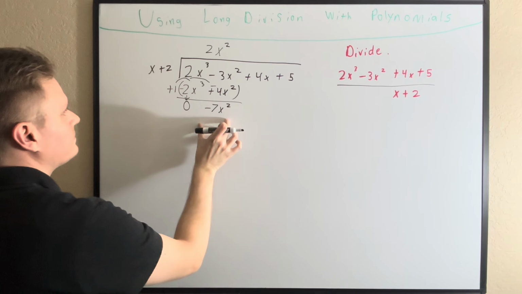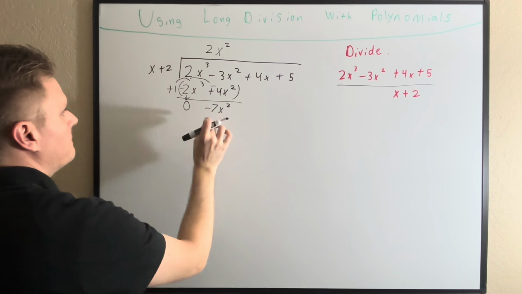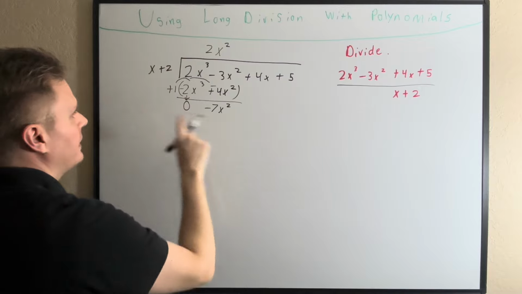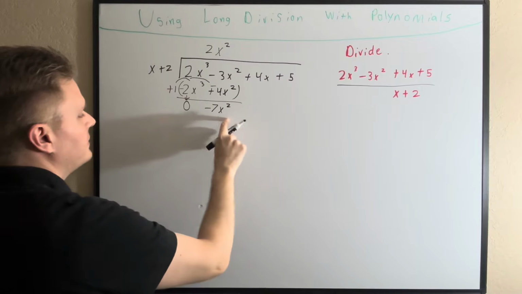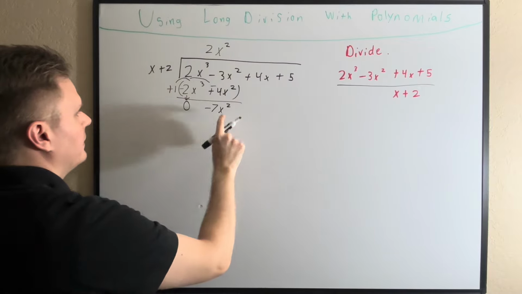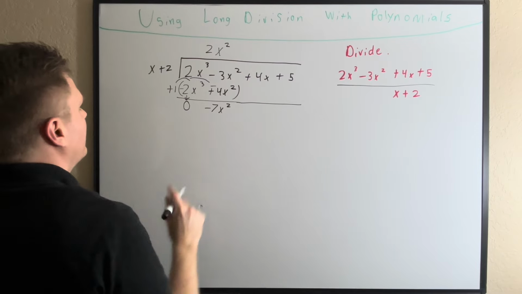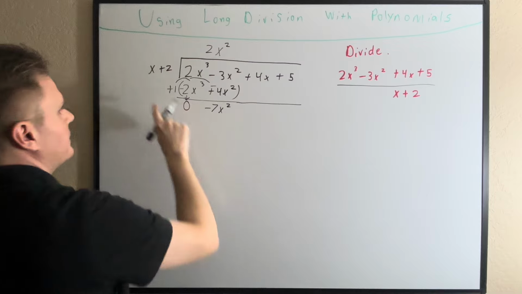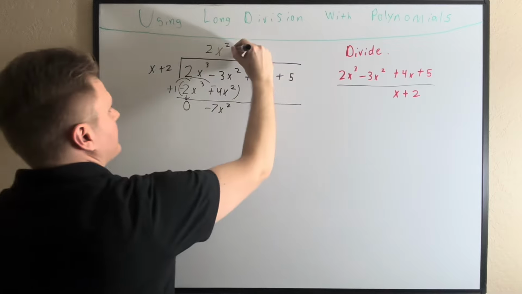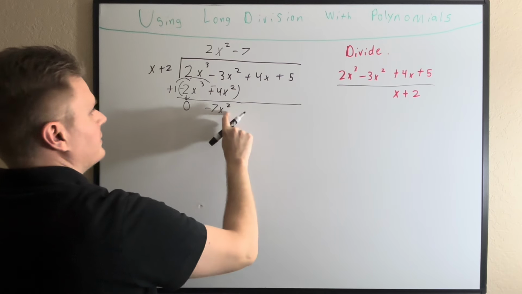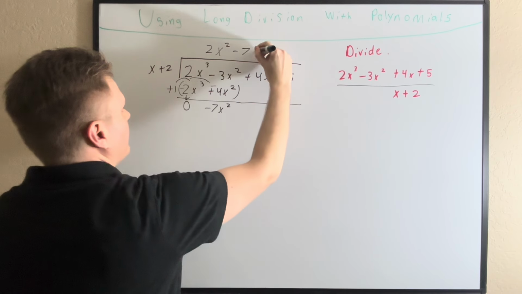Now what? Well, now we do the same thing we did with 2x cubed with the x, but now we do it with negative 7x squared, right? Keep this going here. So x times what gives us negative 7x squared? So we need another x there, right?